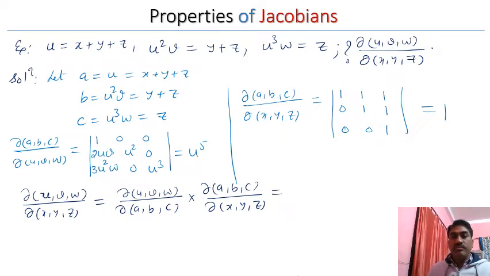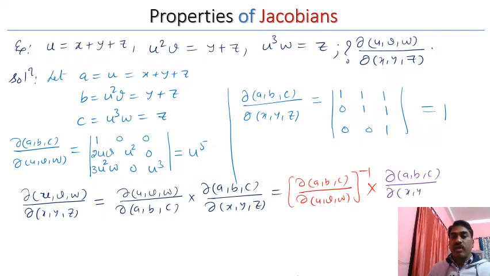So this is equal to the inverse of Jacobian of ABC with respect to U, V and W, into Jacobian of ABC with respect to X, Y and Z. So this is 1, and what is this?